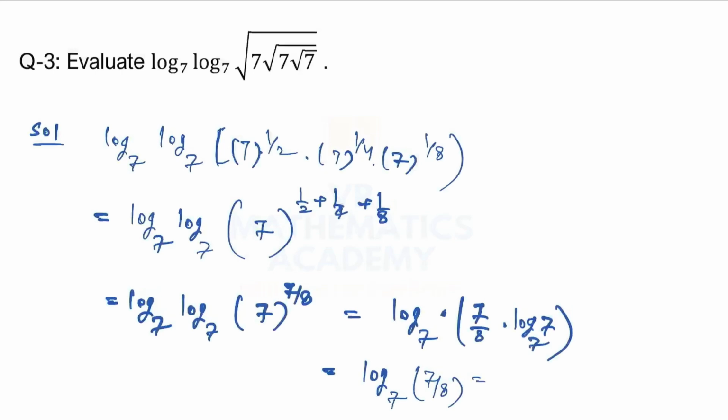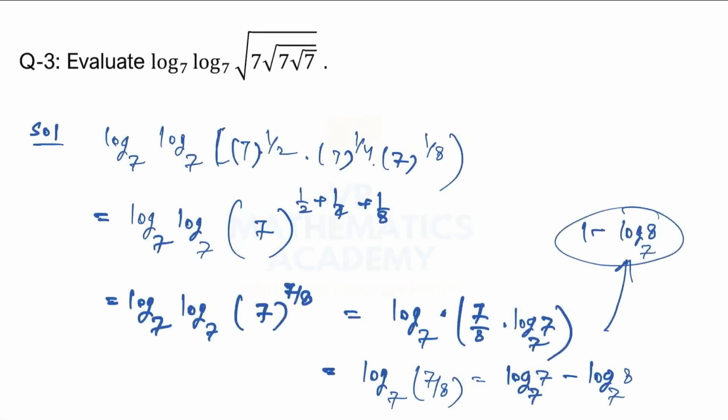Again we will apply law 2, and this will be written as log 7 base 7 minus log 8 base 7, and log 7 base 7 is 1, so it will be 1 minus log 8 base 7. So we found the answer 1 minus log 8 base 7. This is question number 3 we have completed.